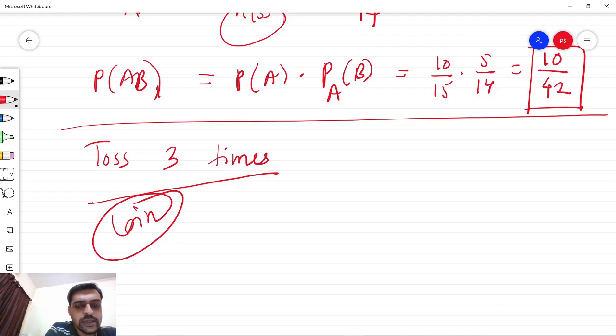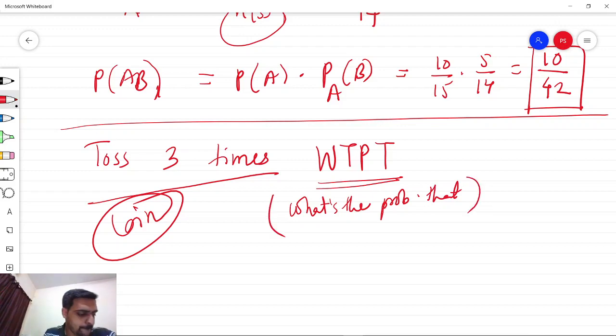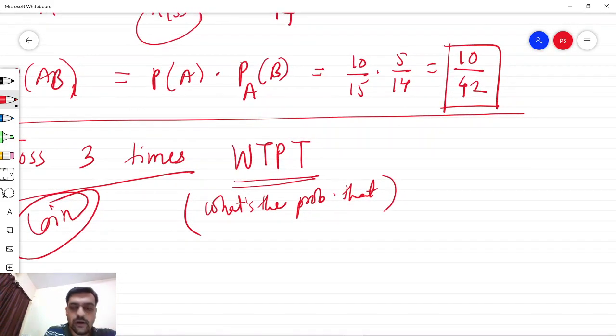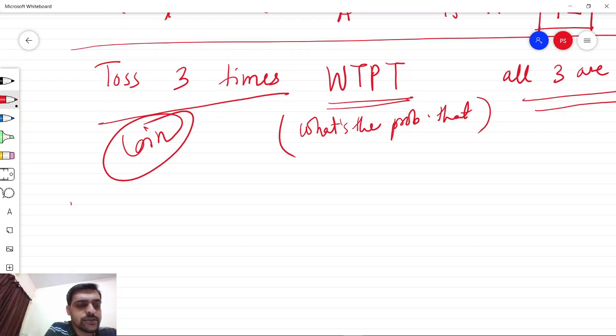And what is the probability, an acronym used for the longer version, what is the probability that all 3 are heads?